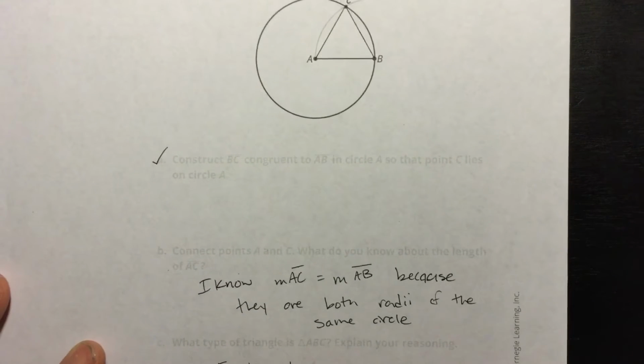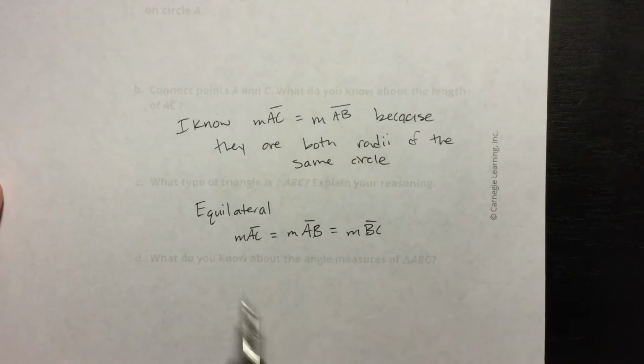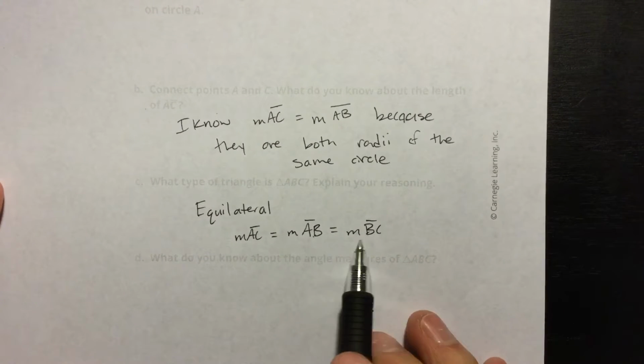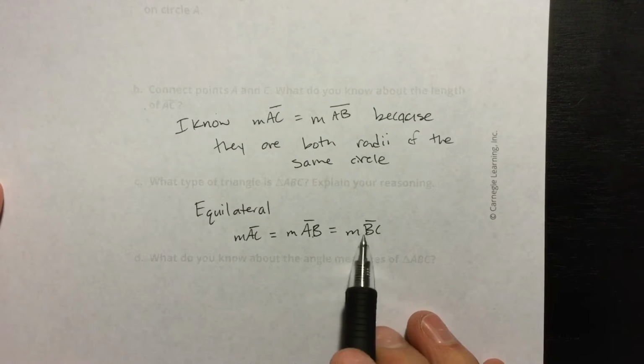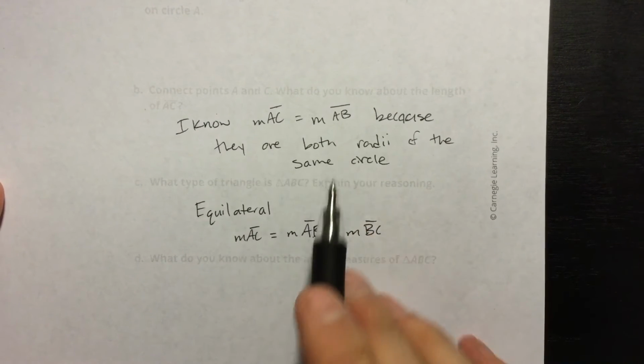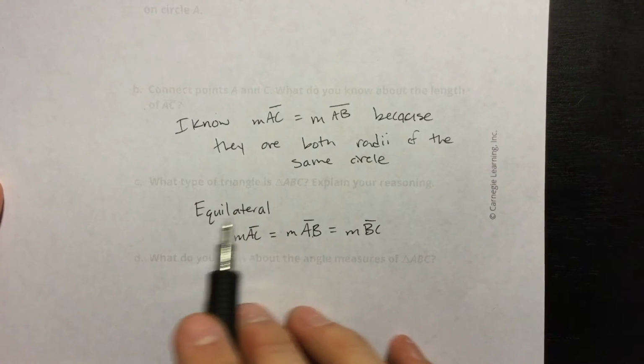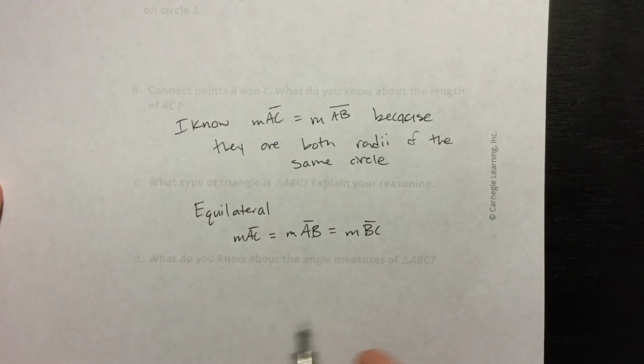And I just said that the measure of AC is also equal to AB. Sorry, I was off the screen there when I was writing that, my bad. So I know that's equilateral. I said that AB is equal to BC because I constructed it that way, right? And then I know that AC is equal to AB because they're both radii, which is what we just talked about. So all three of these are equal in length, and when we have a triangle with three side lengths that are all the same, it is equilateral.